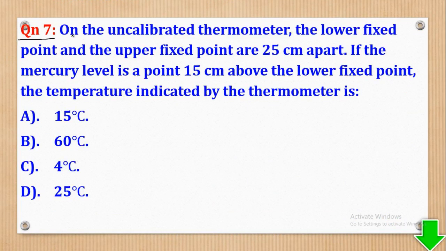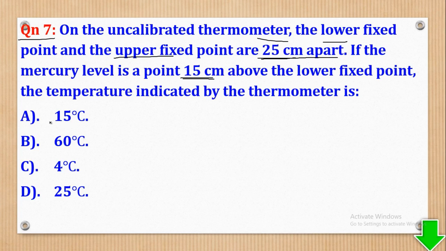Question 7 says, on the uncalibrated thermometer, the lower fixed point and the upper fixed point are 25 centimeters apart. So that is the fundamental interval. If the mercury level is 15 centimeters above the lower fixed point, the temperature indicated by the thermometer is: this 15 is what we call the mercury thread and 25 is what we call the fundamental interval.